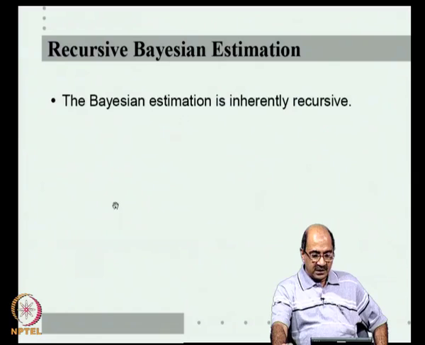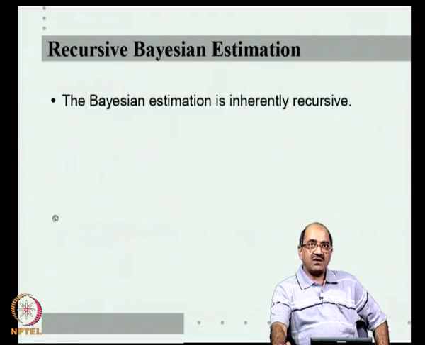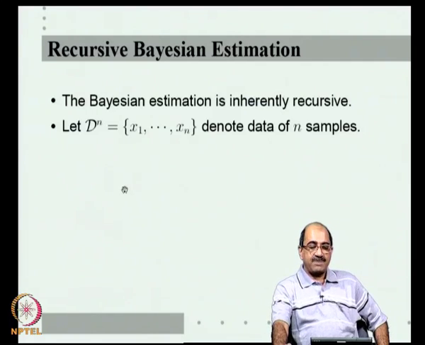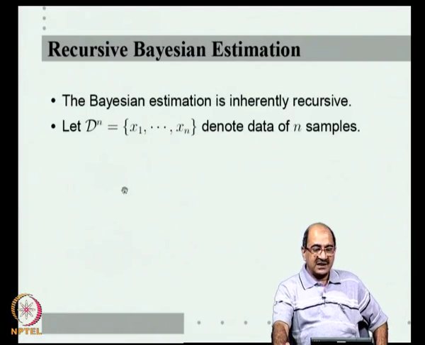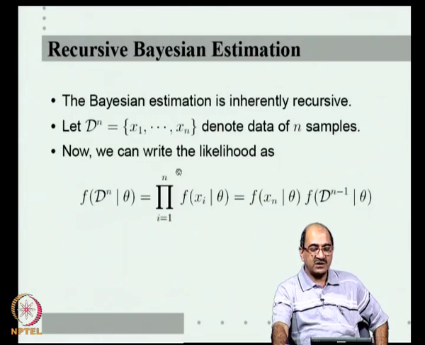Now, the Bayesian estimates are even more inherently recursive. To see that, let us say that D superscript n denotes data of n samples. To show the recursive nature, we use a symbolism for how many samples the data involves.